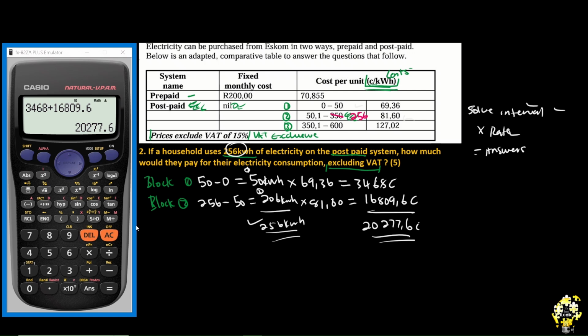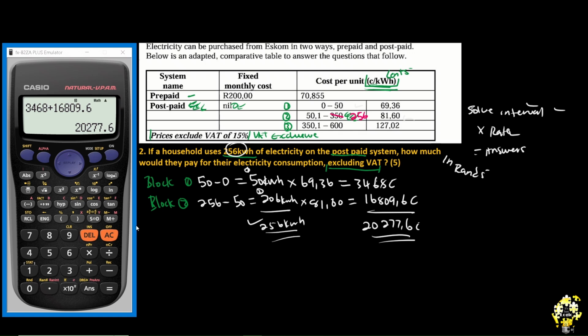The question said, how much would they pay for their electricity consumption excluding VAT? Okay, the amount excludes VAT. I feel like the question should have said how much in rands. We are adding to the question how much in rands, since these are cents.